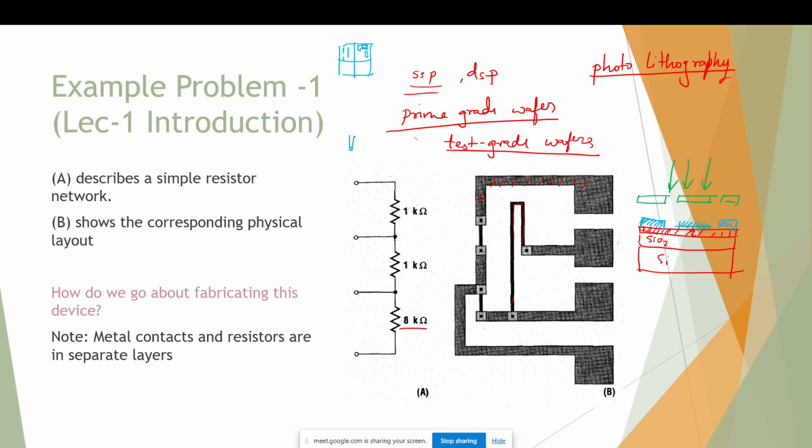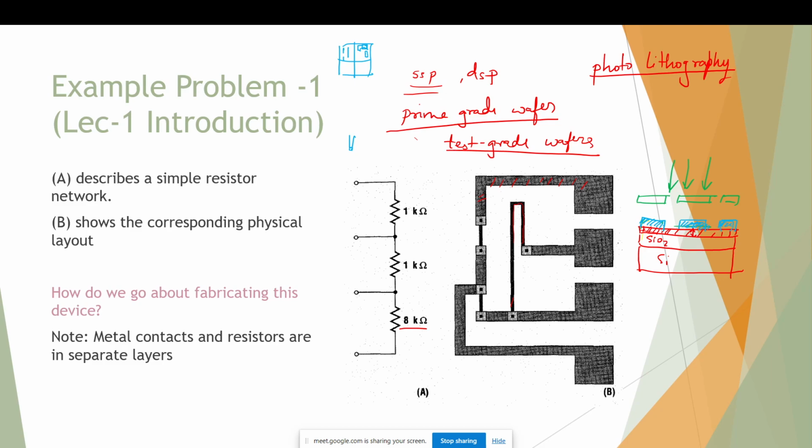So you get this mask made, and then you transfer the pattern onto the photoresist. Photoresist is a light sensitive material. Wherever the light shines, the bonds there will be weaker compared to where the light did not shine. These bonds will easily dissolve in the developer solution, so with the developer we can remove those parts of the photoresist.